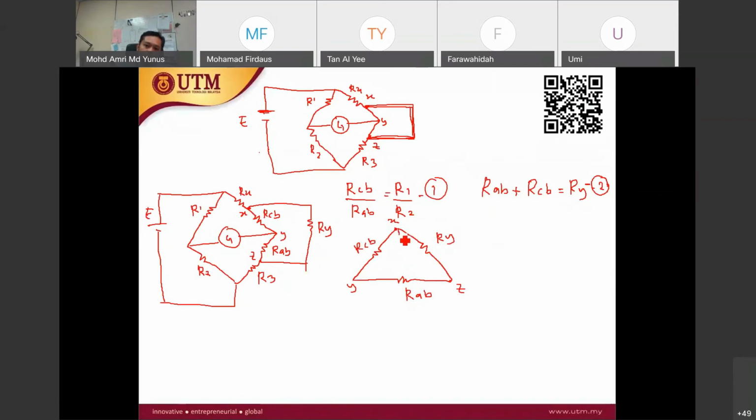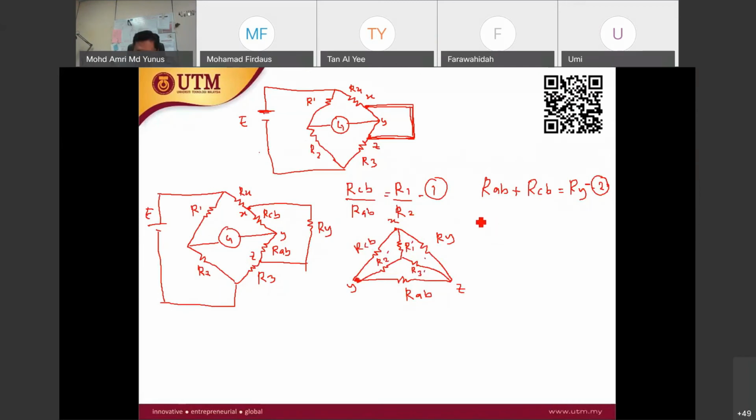So we transform that into R1, R2, and R3. This is R1 prime, this is R2 prime, and this is R3 prime.